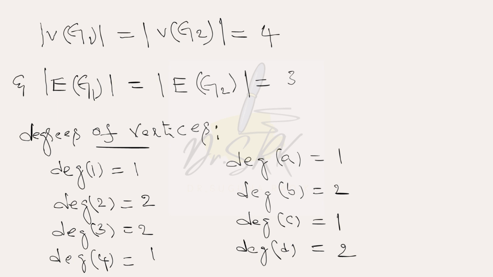Coming to the second point of the procedure, to test the second point, we depend upon the degree of the vertices. What are the degrees of the vertices in the first graph? Degree means the number of edges incident on the given vertex.